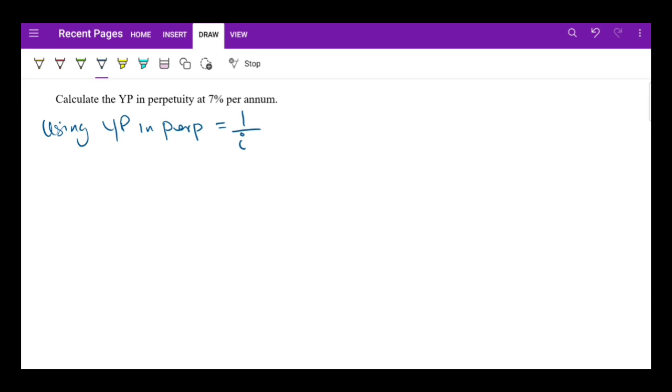It is not limited by time. It does not end. It is in perpetuity. Perpetuity means forever, so that's why you don't find an N in it. So for this question, our I is equal to 0.07, so our YP is now 1 over 0.07, which is equal to 14.29. So that means that this is what we are going to multiply by the net income to arrive at our capital value.